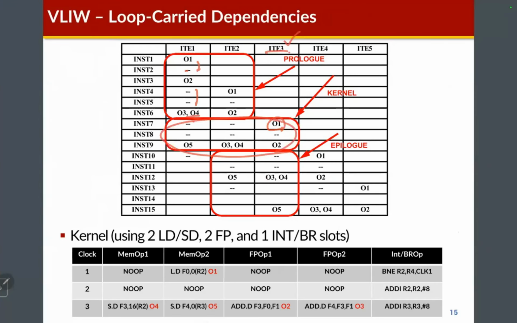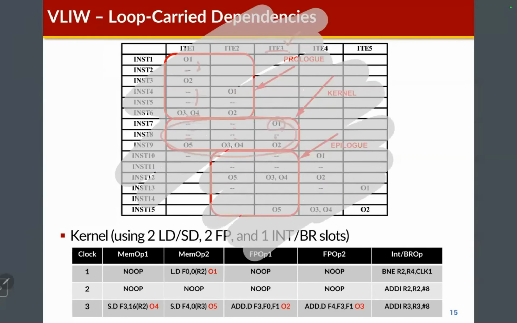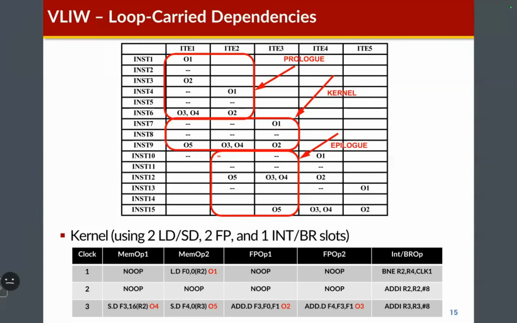The problem is that this kernel includes many empty slots, and in order to execute this kernel, the VLIW needs to consume more clocks. Because of the loop carried dependency, we need to generate the software kernel like this.